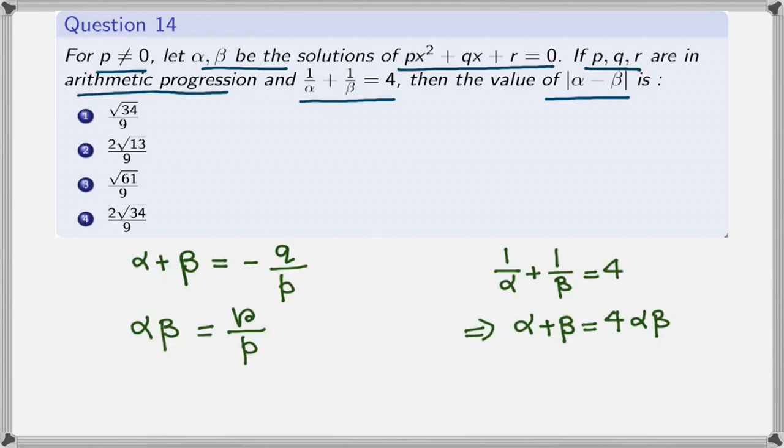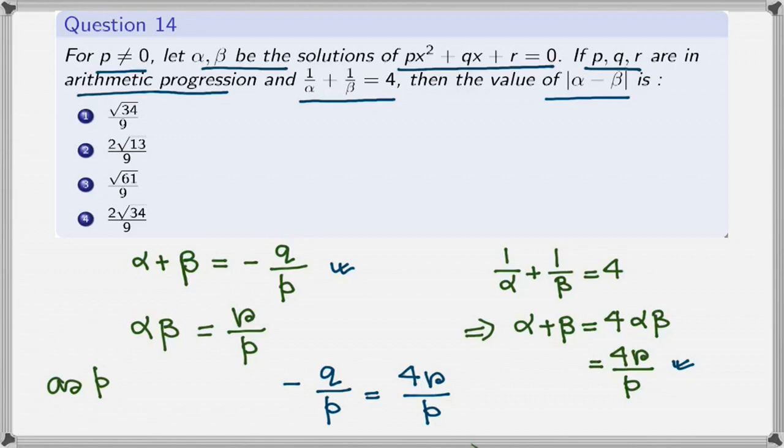Now we know that alpha into beta is equal to r divided by p. Therefore, alpha plus beta is equal to 4r divided by p. Now equating these two, we obtain that minus q divided by p is equal to 4r divided by p, and as p is non-zero, we can write q is equal to minus 4 into r.